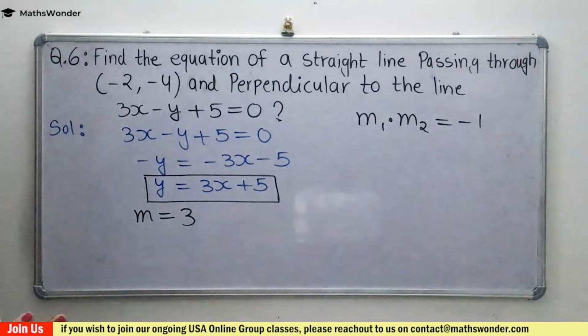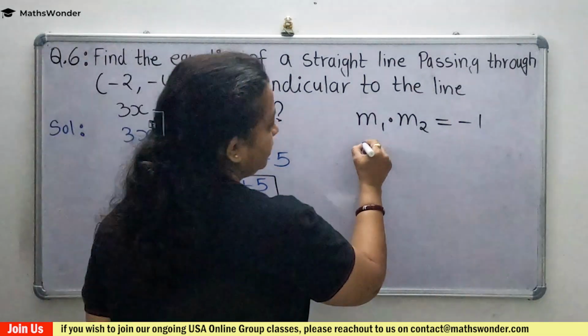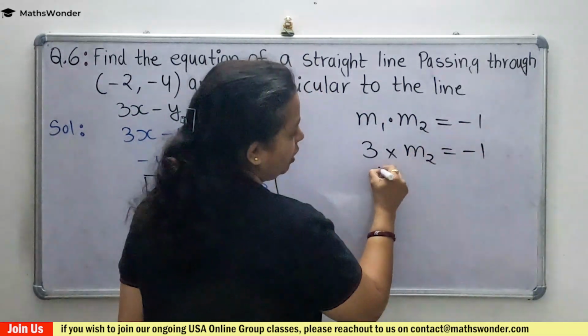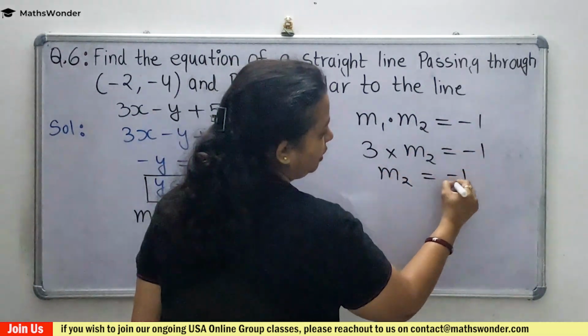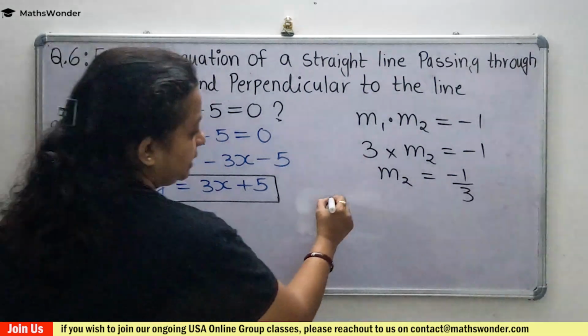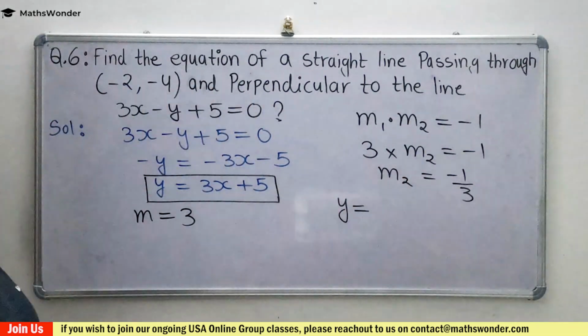When it's perpendicular. But one m is given, one m is not given. So m2 is equals to -1 over 3.